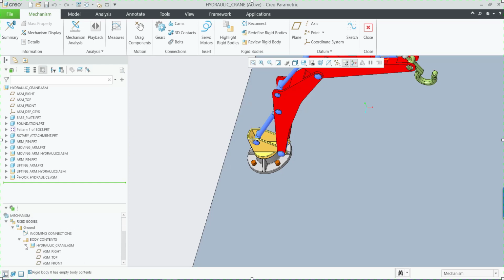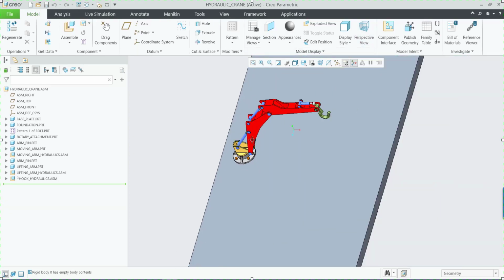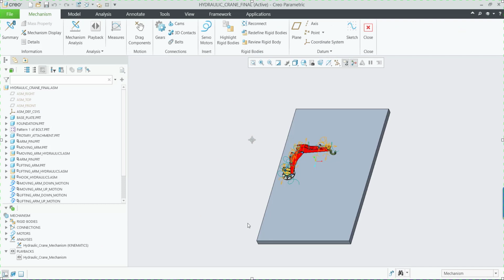Yes, so it shows the ground body as the base plate plus foundation plus the pattern of 4 bolts. And further, as I populate the mechanism, it will show me the appropriate list of bodies that we will see in the final assembly.